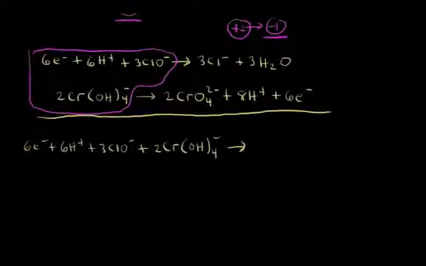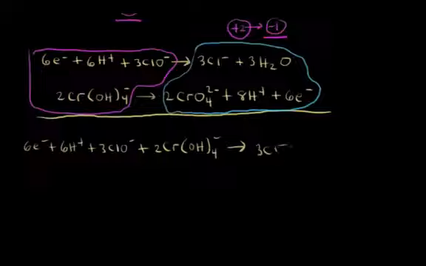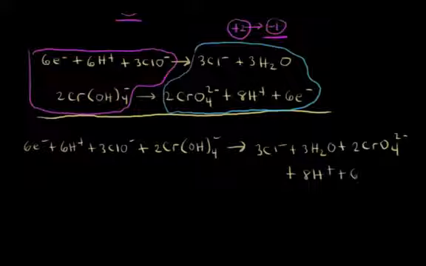And on the right side, we take all of this and add it all together for our product side. So let's see what we have. We have 3Cl minus plus 3H2O plus 2CrO4 2 minus plus 8H plus 6 electrons.